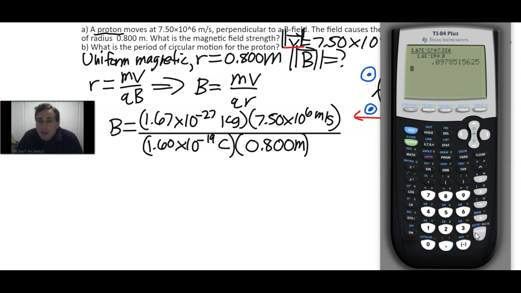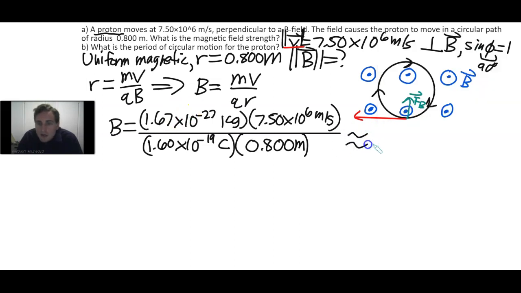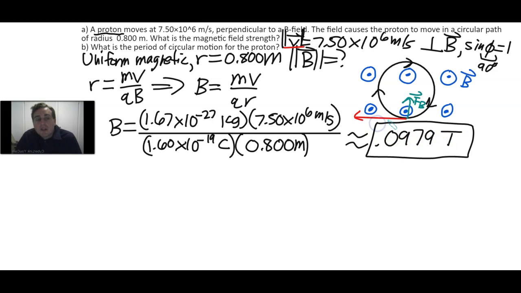So let us write this down. It's about 0.0979, and that's the magnetic field strength in Teslas. That's a pretty reasonable laboratory magnetic field. Most laboratory magnetic fields are on the order of maybe 0.1 Teslas, a tenth of a Tesla. So that seems entirely reasonable.